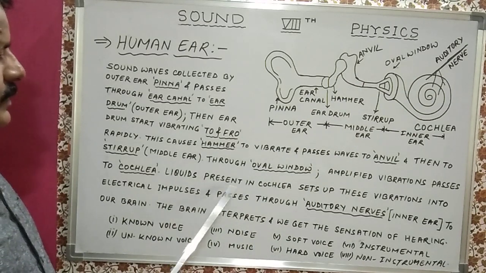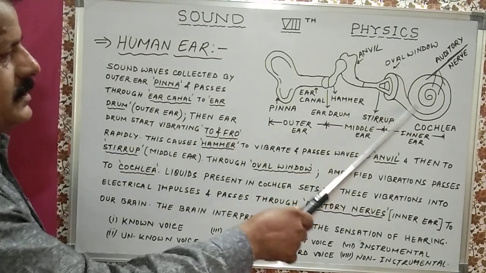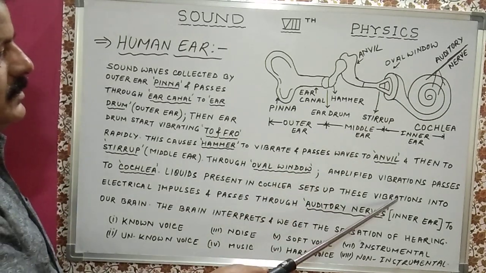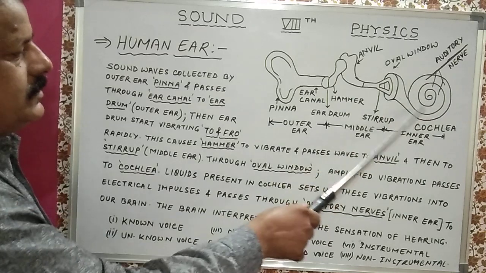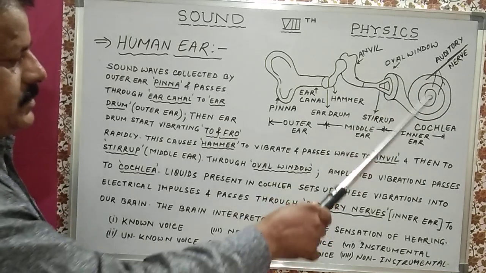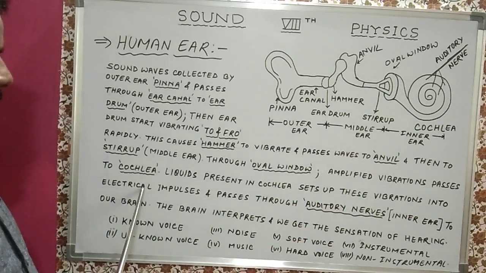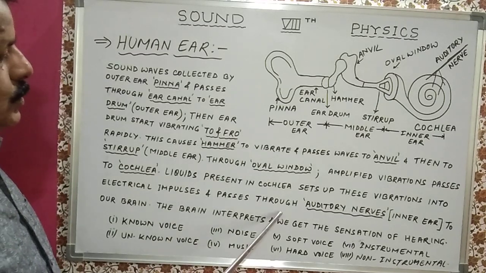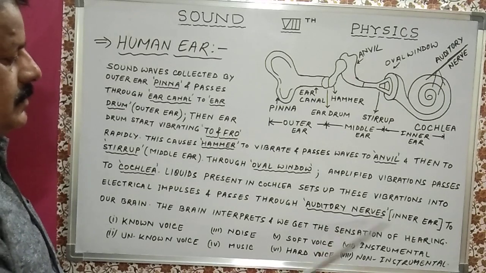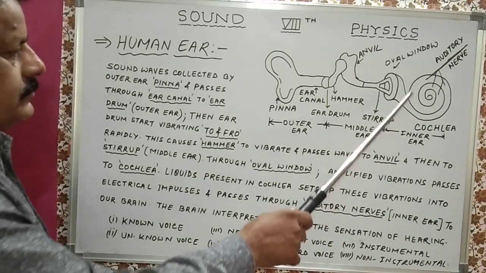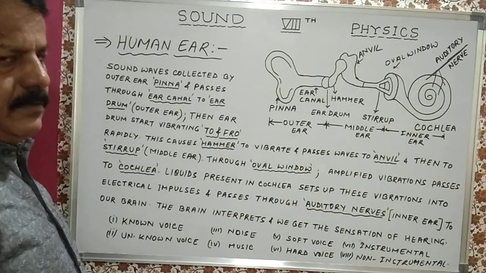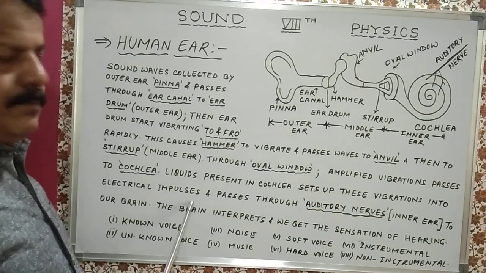The cochlea contains liquid that converts these vibrations into electrical impulses, and they pass through the auditory nerves to our brain.